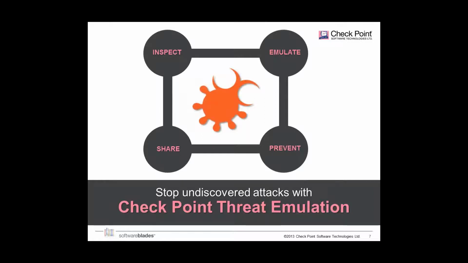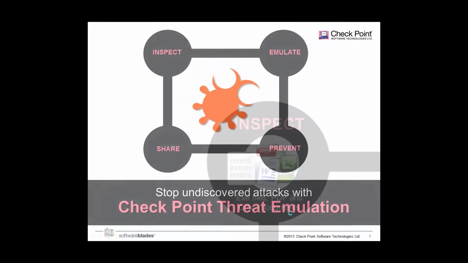It can then prevent those files from ever reaching your user community. And the great thing is there, we can also share this information back into the Checkpoint Threat Cloud such that other Checkpoint customers can also be protected from those malicious files.